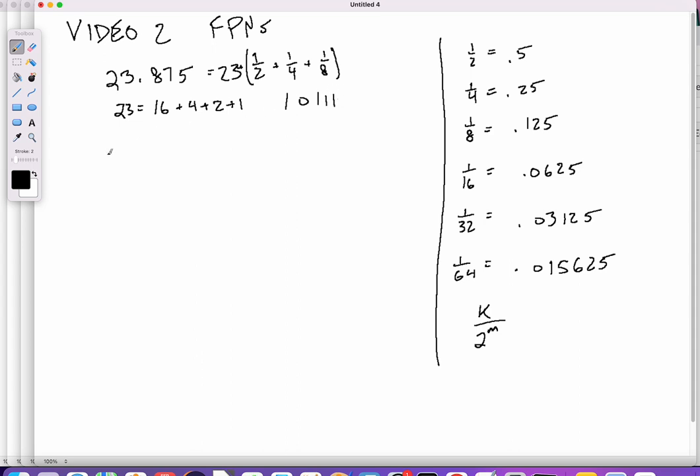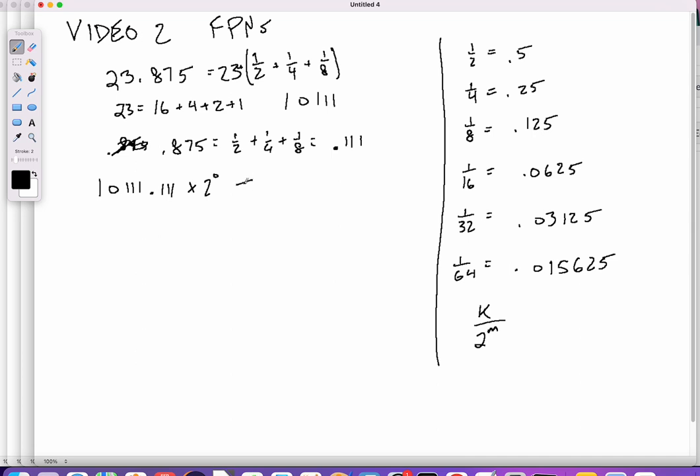And then the 0.875 is equal to 1/2 plus 1/4 plus 1/8. So that is equal to 0.111. So this whole thing is 10111.111 times 2 to the 0.